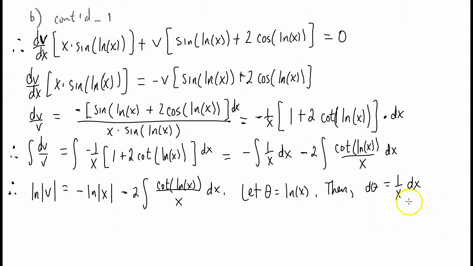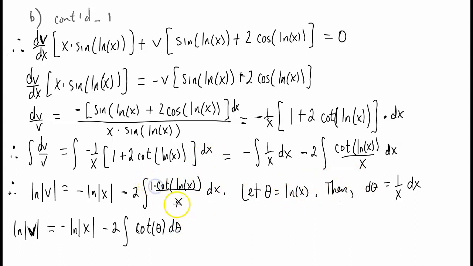Okay, and then from that point, natural log absolute value of v here equals negative natural log of absolute value of x, and then this will be -2, and this will essentially just be cotangent of theta d theta, and that's because the understood 1 right here divided by x dx is all going to be d theta, and then of course natural log of x is just theta.